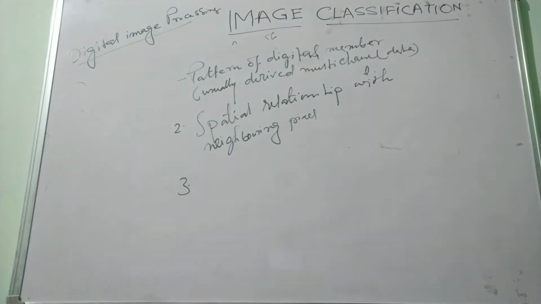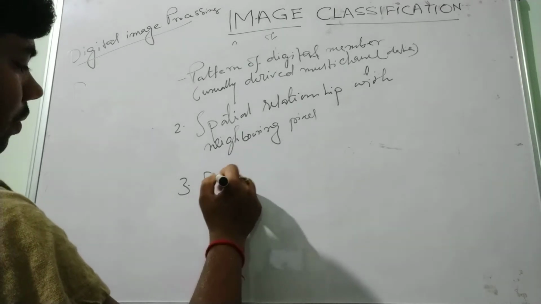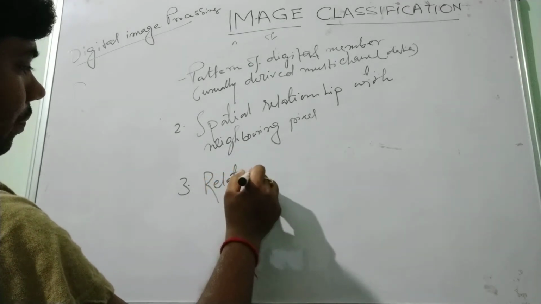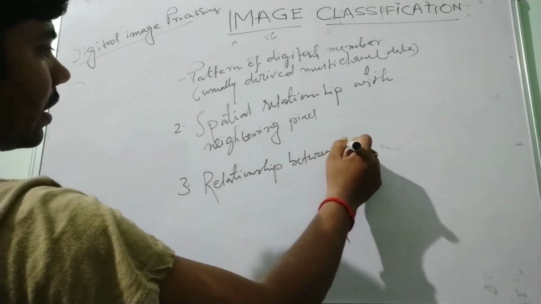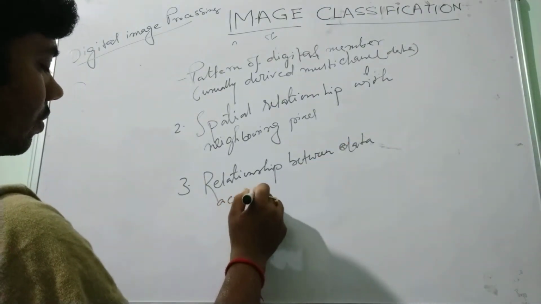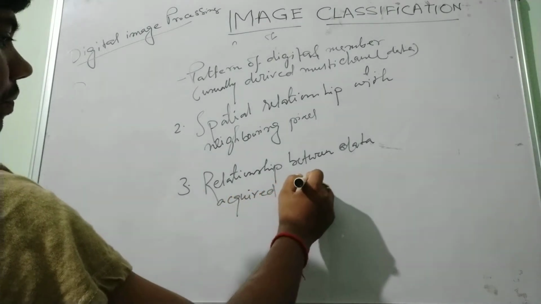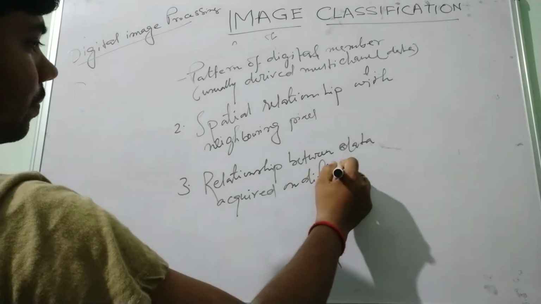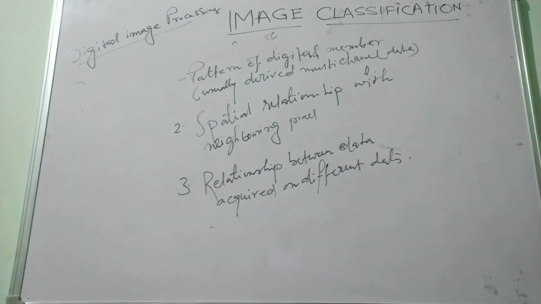Third, that is the relationship between the data acquired in time, acquired on different dates or different periods. So these are the three basic succeeding assumptions based on which the classification process is adopted.